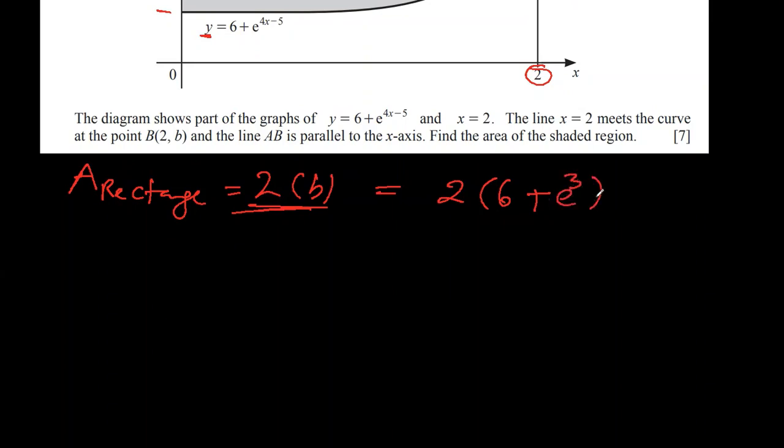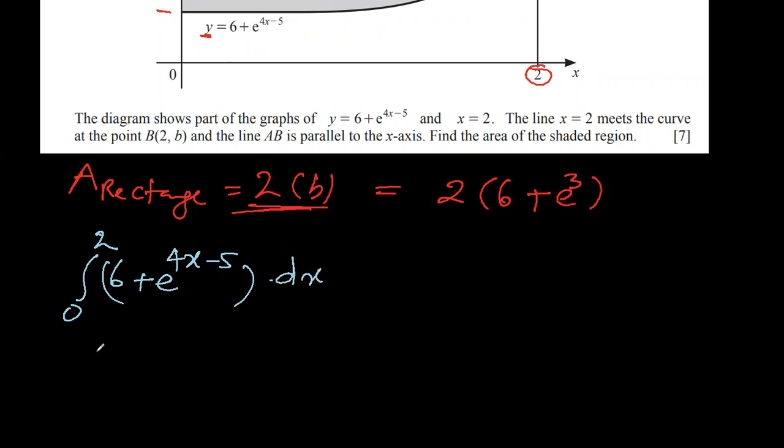This is the area of the rectangle, and now we have to find the area under the curve, which will be integration. So let me use this one: integral from 0 to 2 of 6 plus e to the power 4x minus 5 dx. This is how we'll find the area under the curve, which is the white part.